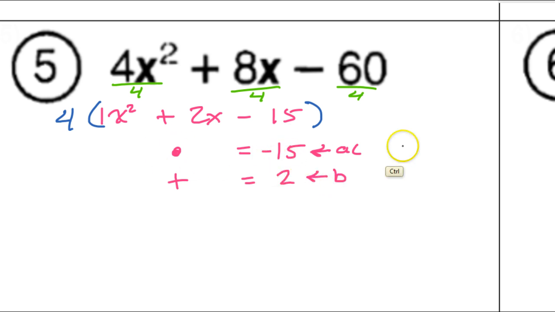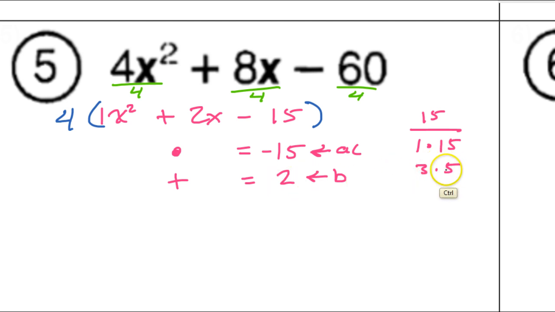So let's start with the product. So just focusing on the number 15, that's either going to be 1 times 15 or 3 times 5, and that's it. So which one of these pairs will give me a sum of 2 if I pick the signs right?